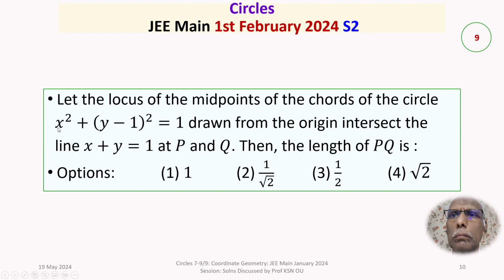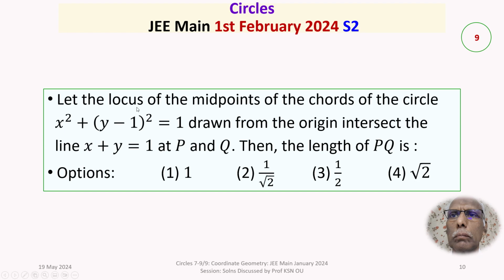We are given a circle, x² + (y − 1)² = 1. It's a circle with center at (0, 1) and radius 1. And the locus of the midpoints of the chords of the circle drawn from the origin intersects this line.